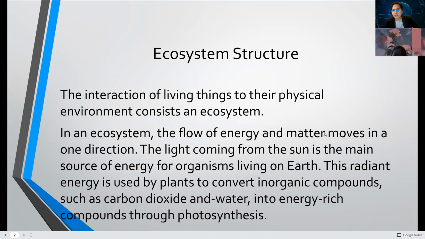The light coming from the sun is the main source of energy for organisms living on Earth. It is not an ultimate source, right? But it is a main source. When you say ultimate source, there is no other source. Take a look at this example. There are some bacteria living in the seamounts, okay, beneath the seafloor.